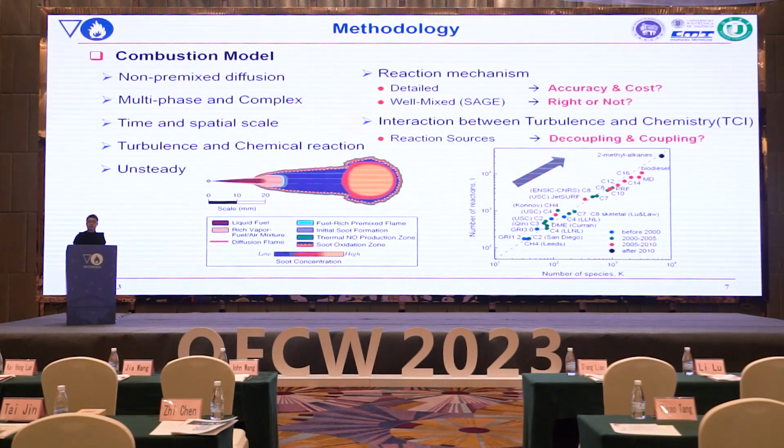A detailed reaction mechanism has hundreds of species and thousands of reactions, so how to balance accuracy and cost. For the moment, the combustion model in CONVERGE SAGE uses a well-mixed model, but is this right when used for diesel spray combustion? Another question is the interaction between turbulence and chemistry. But we think the key issue is decoupling and incorporating the two different parameters.